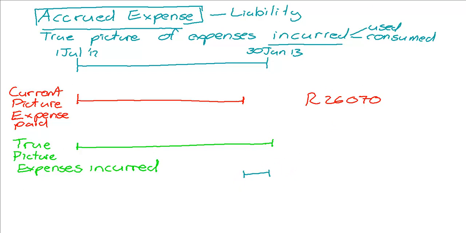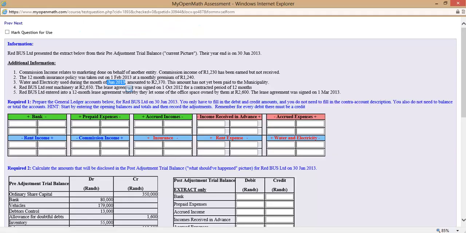Sorry, let me make this a little bit longer. That's a bit of a bad picture, but nevertheless, you get the idea. This last month we have not yet paid. We used the water and electricity during this month, but it's not yet been paid.